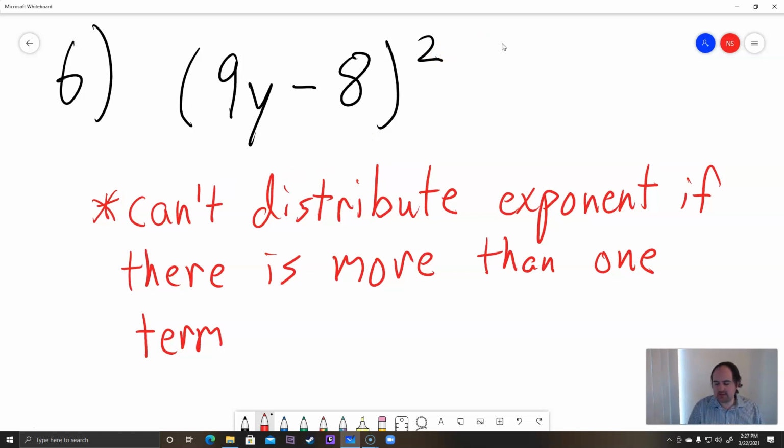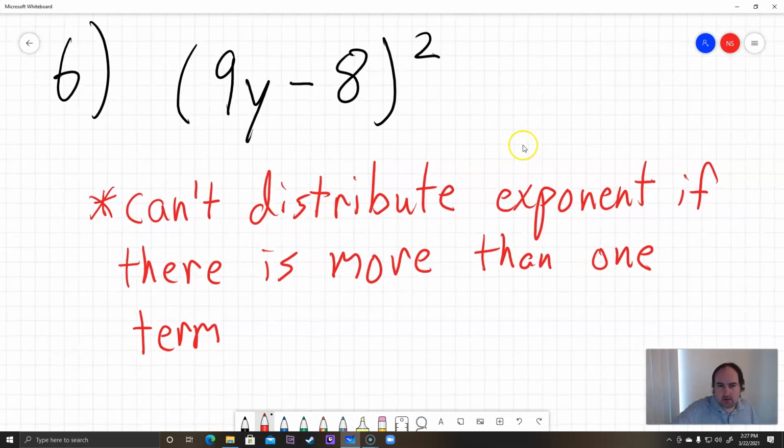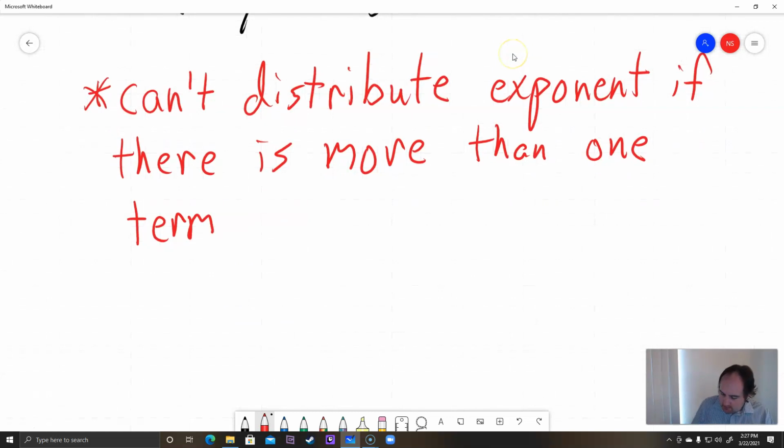So what do you have to do instead? Well, you can rewrite it as 9y minus 8 times 9y minus 8. And then you can use FOIL. So that's the trick. Okay? So we can rewrite it as 9y minus 8 times itself.